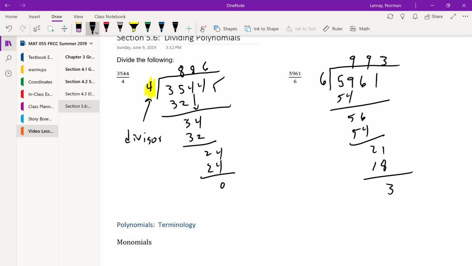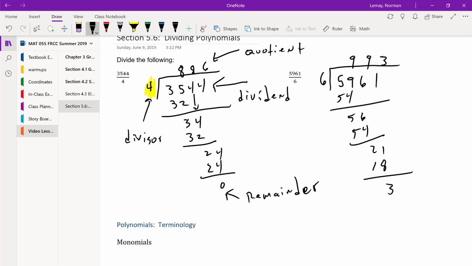The thing that we divide into is the dividend. And the answer part is the quotient. And then finally, this 0 right here is referred to as the remainder.